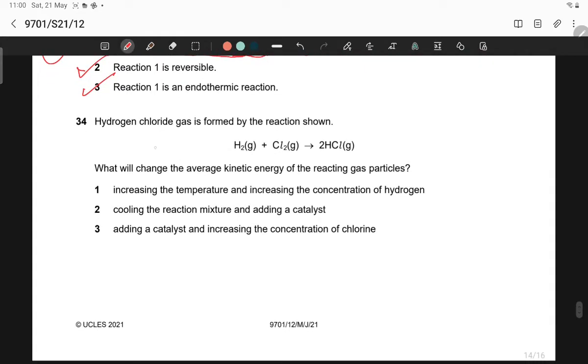Hydrogen chloride gas is formed by the reaction shown, H2 plus Cl2 to HCl. What will change the average kinetic energy of the reacting gas particles? Average kinetic energy is increased by increasing temperature. Increasing temperature and also concentration also affect the kinetic energy.